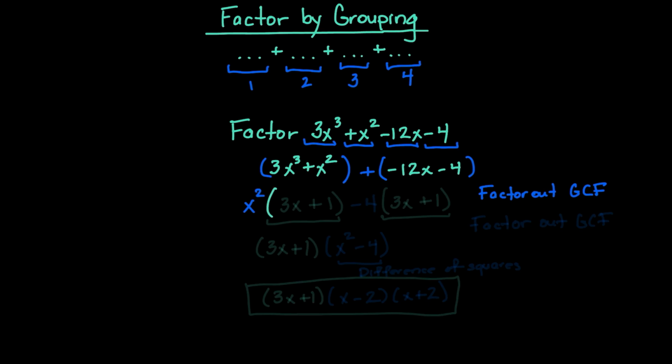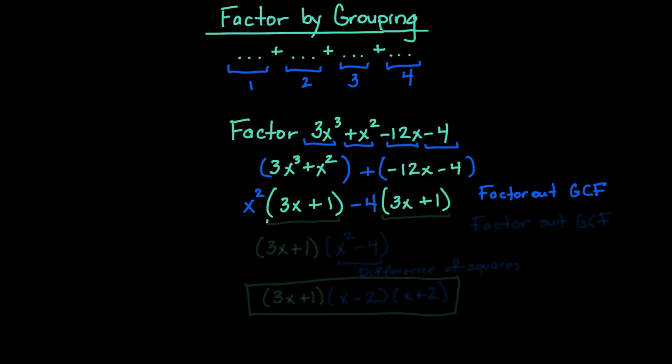When I divide out x squared from each term, I'm left with 3x plus 1. In my second set, negative 12x and negative 4 both have a common factor of negative 4. Negative 12x divided by negative 4 is positive 3x. Negative 4 divided by negative 4 is positive 1.